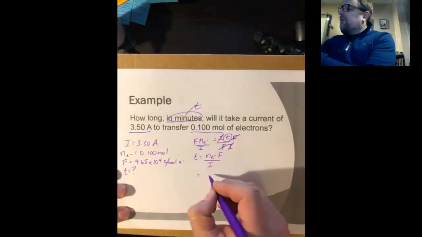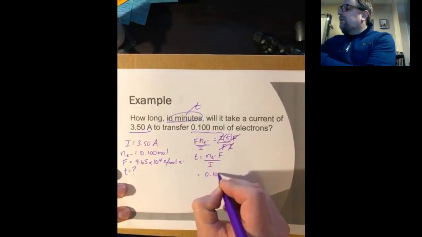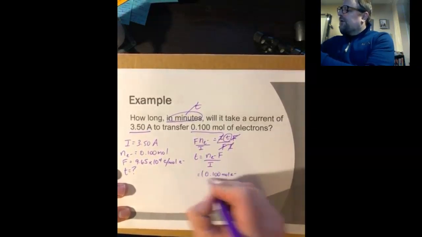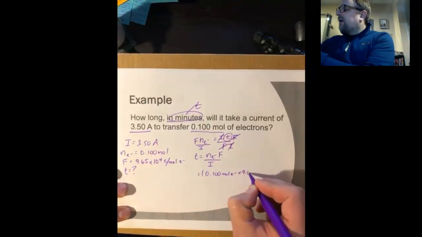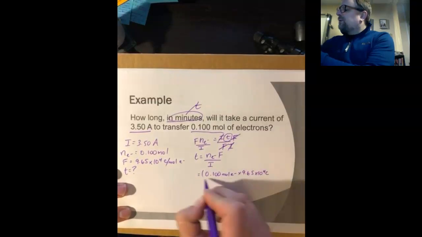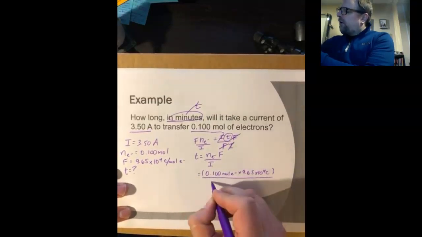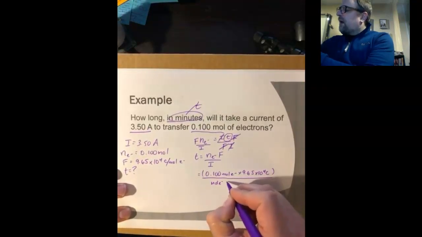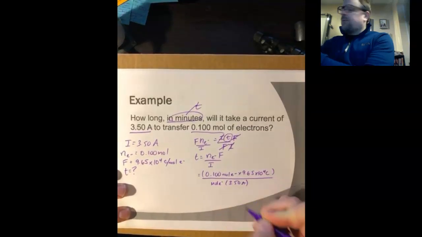Now I can substitute my values. 0.100 moles of electrons times Faraday's constant, 9.65 times 10 to the 4 coulombs per mole of electrons. And then we have our current in here, which is 3.50 amps.